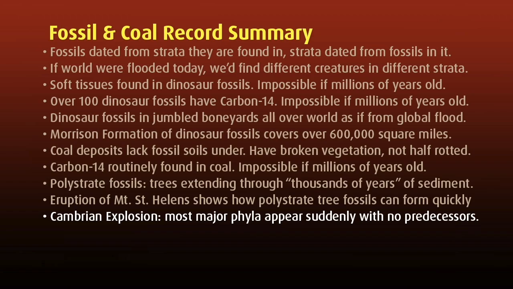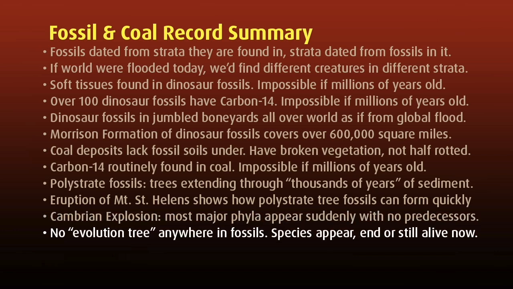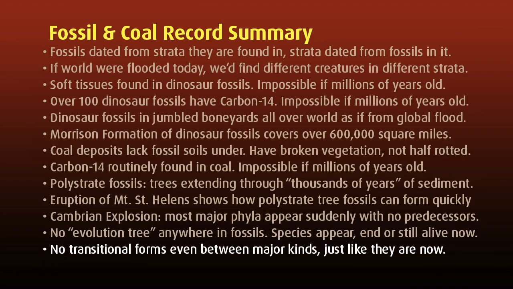The Cambrian explosion: most major phyla appear suddenly in the fossil record with no predecessors. There's no evolutionary tree anywhere in the fossil record. Species appear, they either live to today or they become extinct. And there are no transitional forms even between major kinds, just like they are now.